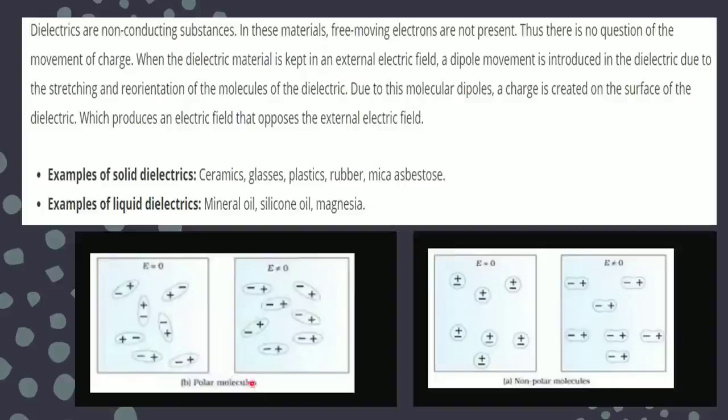That is the reason why we call them polar molecules, because they have some dipole moment. Because positive and negative charges are separated by a very small distance, they work like electric dipoles. And because of having electric dipoles, they have dipole moment, and these dielectrics are termed polar dielectrics.